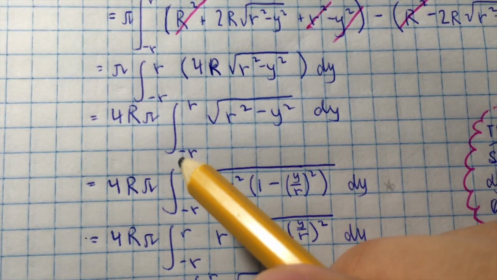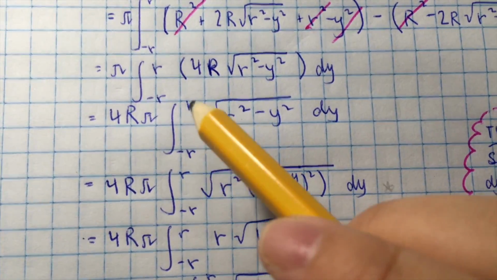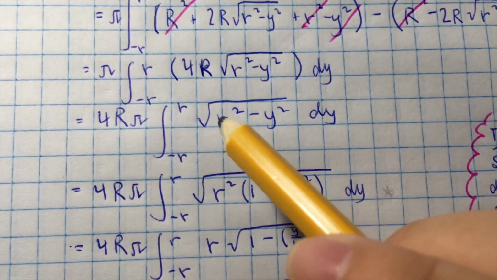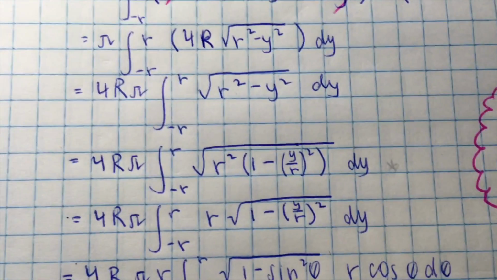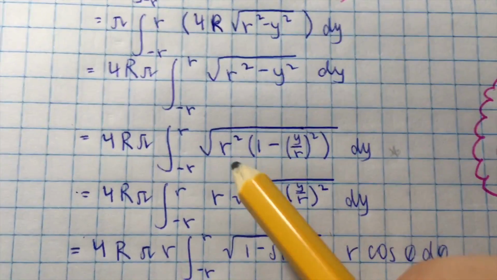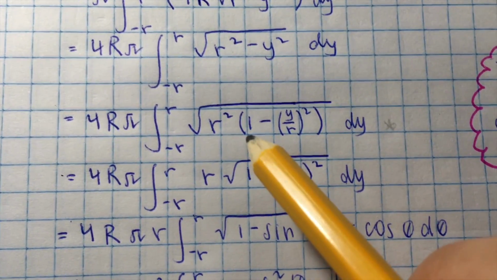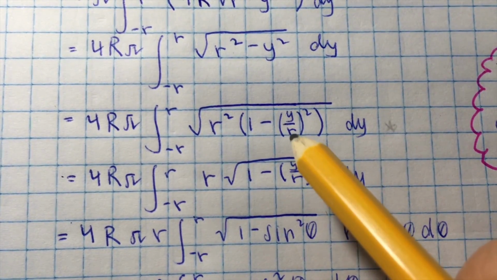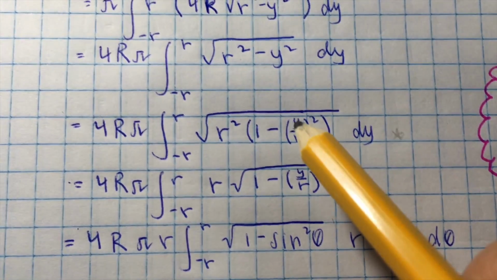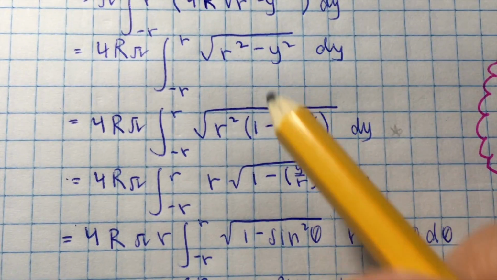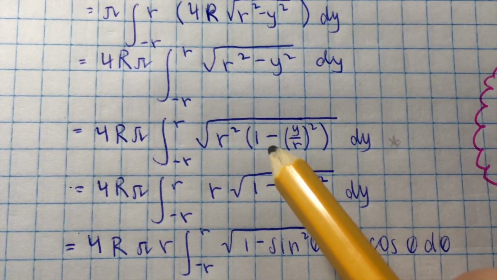So we are left with 4R pi integral from negative r to r of square root of r squared minus y squared dy. And in order to be able to integrate this, we have to separate the values inside the square root into r squared times 1 minus y over r all to the power of 2, and this is equal to this, but we changed it in order to do the trigonometric functions.